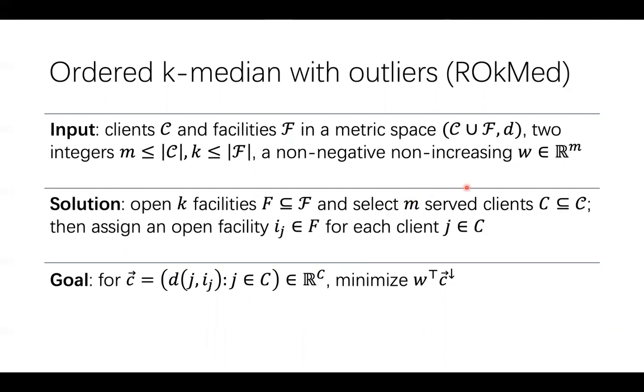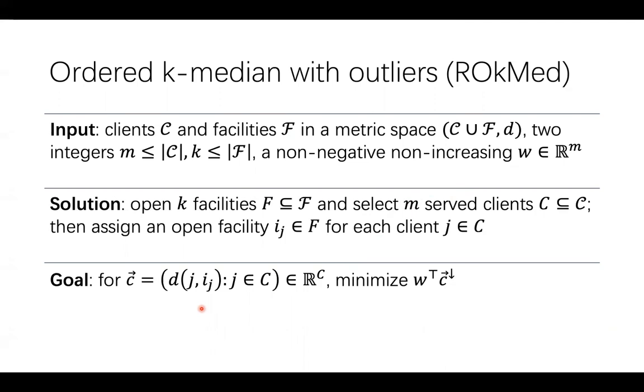Then we need to assign an open facility to each served client, which will give us a vector called C, in which each entry is just the distance from each served client to its assigned facility.